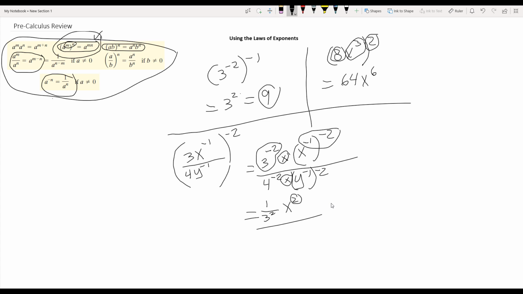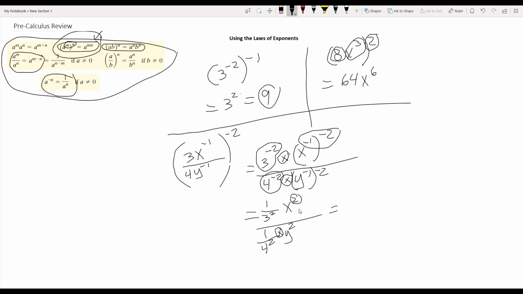Over, all of that will be over. Now we do the same with this 4 to the -2 as we did with 1 over 3. And obviously that will be 1 over 4 to the second power times y to the second power, right?